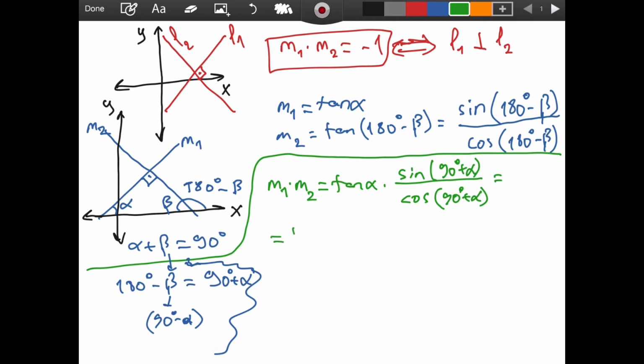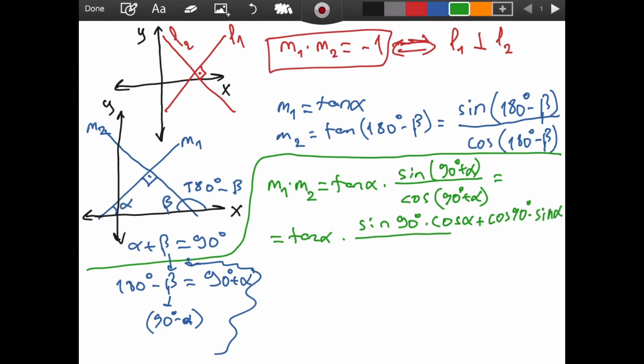We have tangent of alpha times. Let's use some formulas for sine and cosine here. So the sum formula for sine will be, we have sine of 90 degrees times cosine of alpha plus cosine of 90 degrees times sine of alpha.